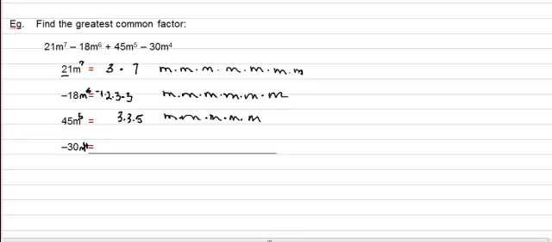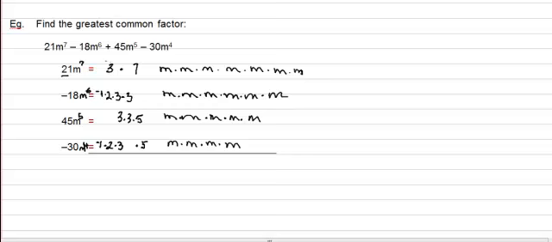And now negative 30 again with a negative 1, and then times 2, and 4 M's. Okay, so the numbers are pretty straightforward.